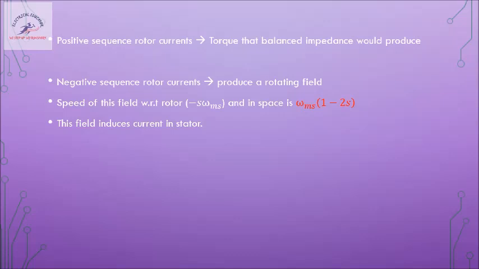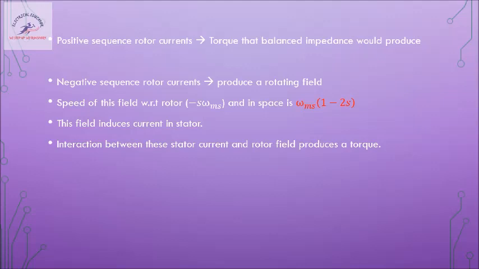So this newly created field will induce a current in the stator conductors, because a change in magnetic field linking a conductor will induce an EMF in that conductor. Since the stator conductor is in a closed path, this field will induce a current in the stator.